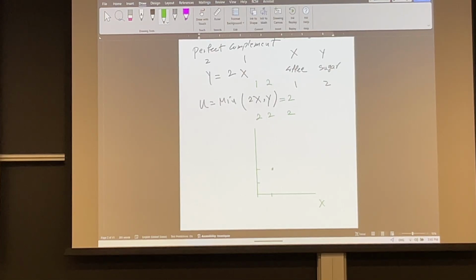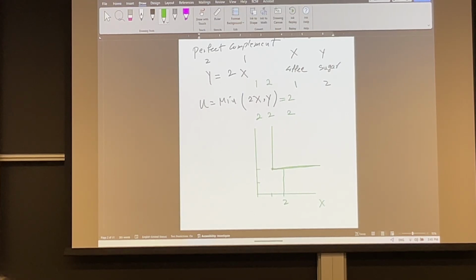Then I give you more coffee. Did that do anything? It didn't. You stayed on the same in the first case. If I give you more sugars, it doesn't do anything either. So that utility function gives you what we call L-shaped indifference curve.